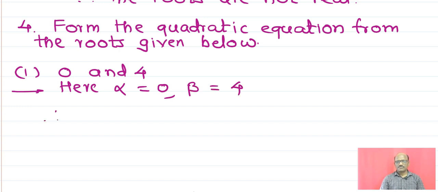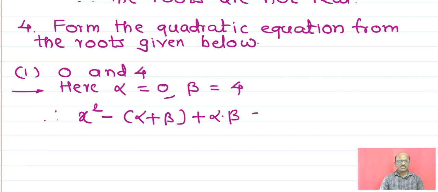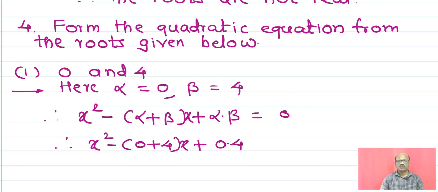Therefore, x square minus in bracket alpha plus beta into x plus alpha into beta equals 0, that is x square minus 0 plus 4 into x plus alpha into beta, that is 0 into 4 is 0. Therefore, the equation is x square minus 4x.